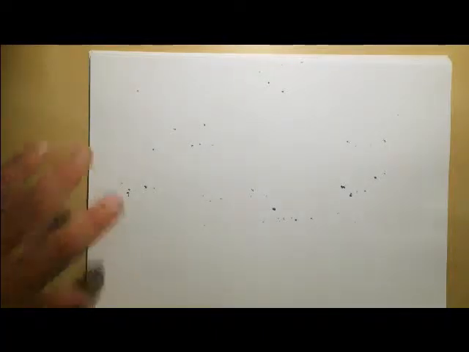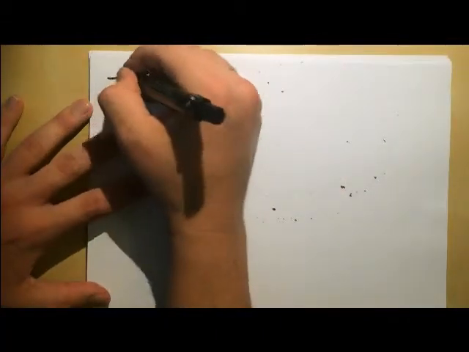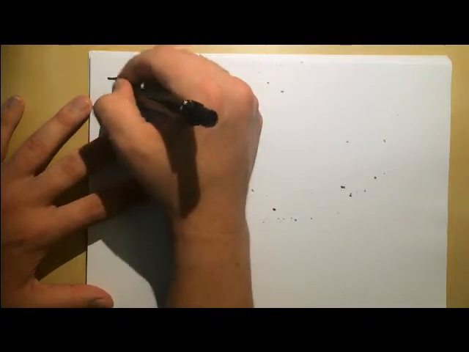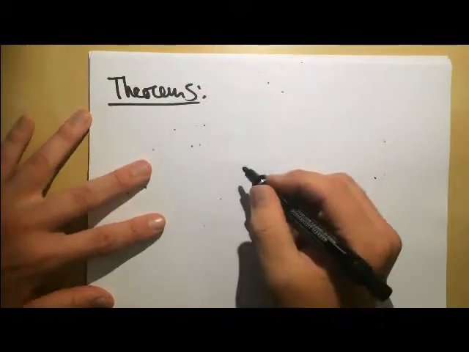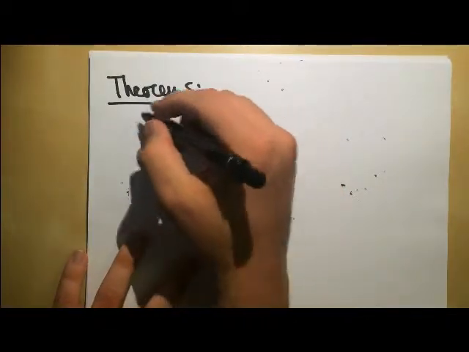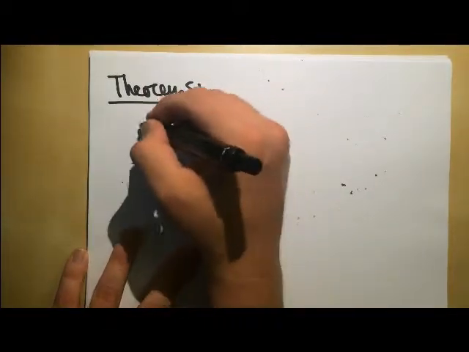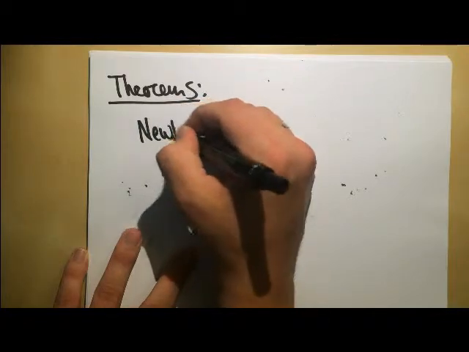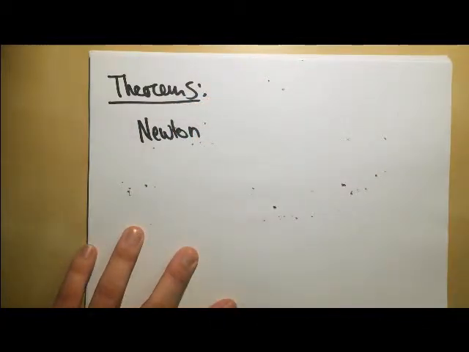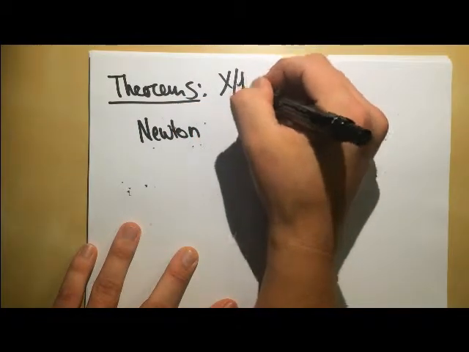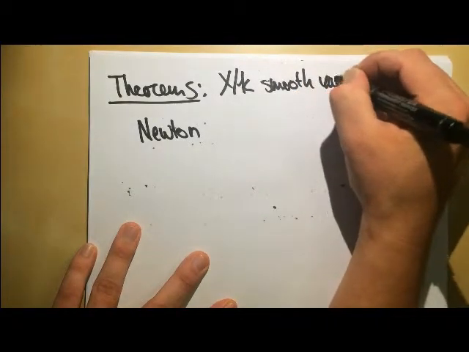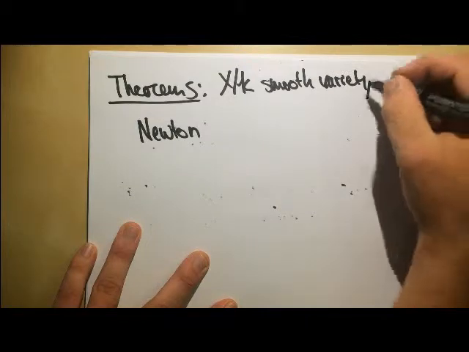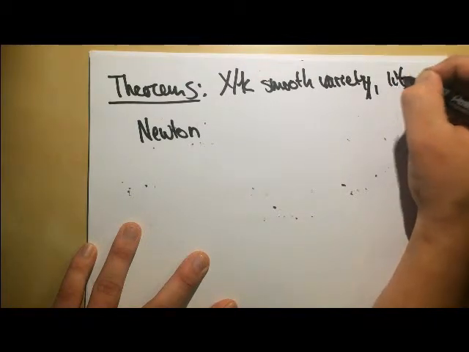Okay, so the two main theorems, or the theorems that we'll need now that we have all the terminology, say that the Newton polygon... So let's take X over k, a smooth variety which is liftable.